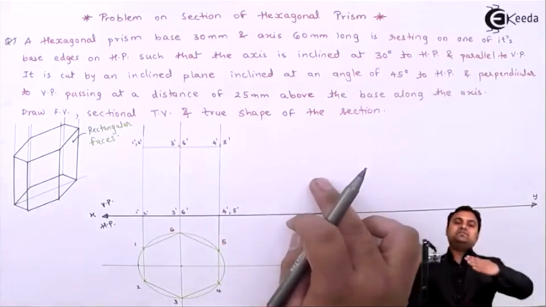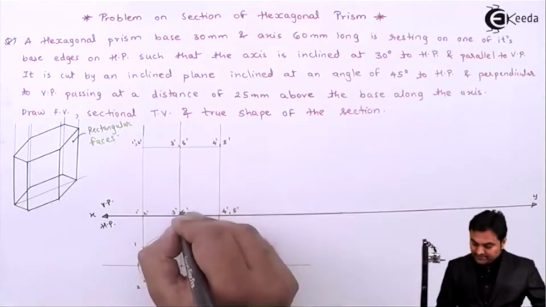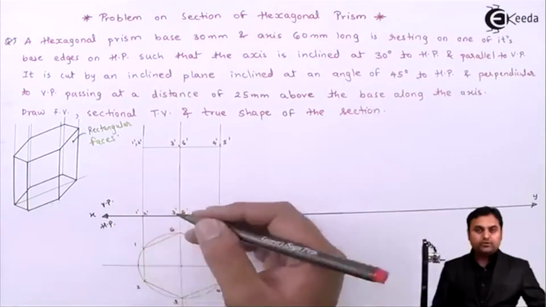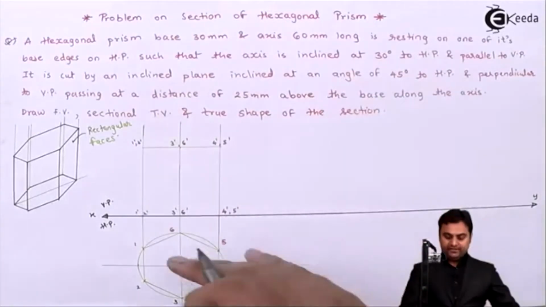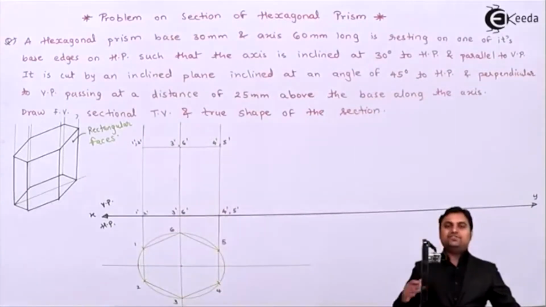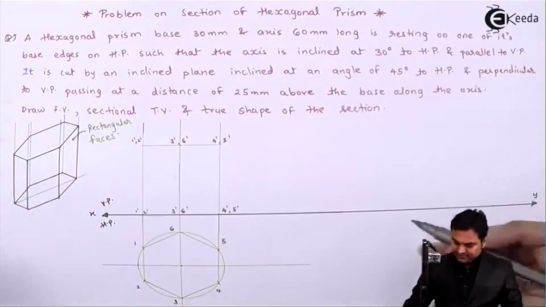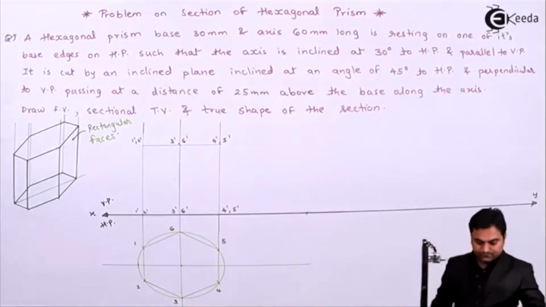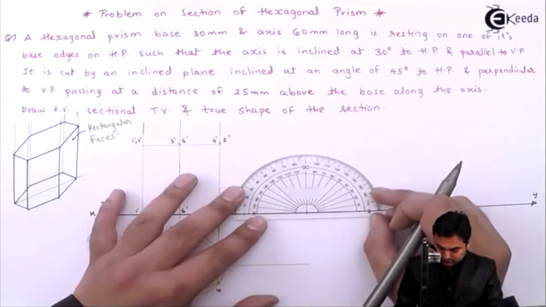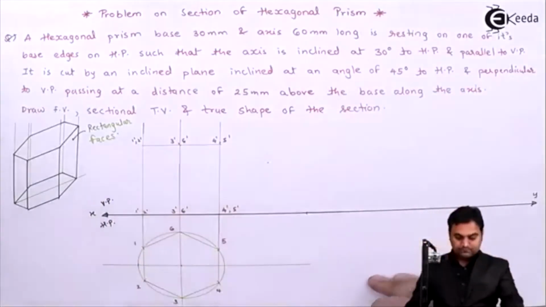So if axis is inclined at 30 degree, it means the angle between axis and base, that is 90, they are perpendicular to each other. So if axis is inclined at 30 degree, it means the base is inclined at 60 degree. So now here the base will be inclined at 60 degree. So taking a point here, measuring the angle as 60 degree.